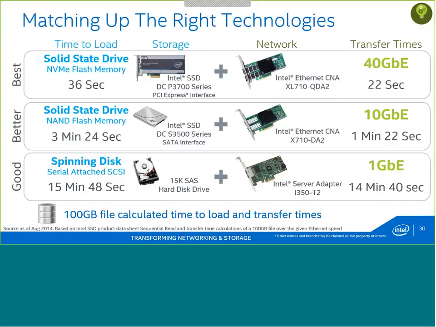You can see that going out to 22 seconds using the P3700, which is a PCI-based drive, with the XL710, which is the 40 gig. So all the way down to 22 seconds in transfer time from 15 minutes. Pretty good.